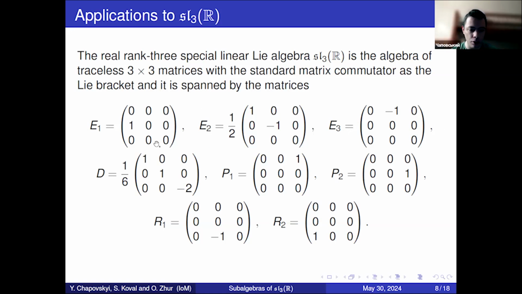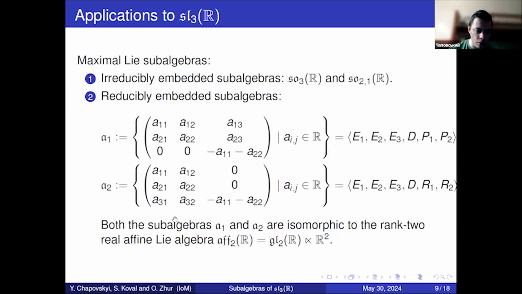D completes it to the basis of GL2, and P1, P2, and R1, R2 further complete it to the basis of the Lie subalgebras A1 and A2, respectively.